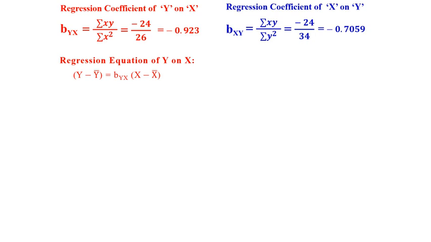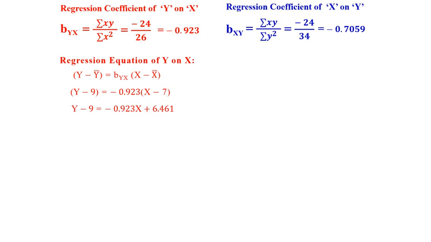Substitute the values into this equation. So y minus 9 equals minus 0.923 as computed above into x minus x bar, which is 7. Now simplify. Y minus 9 as it is, minus 0.923 into x.